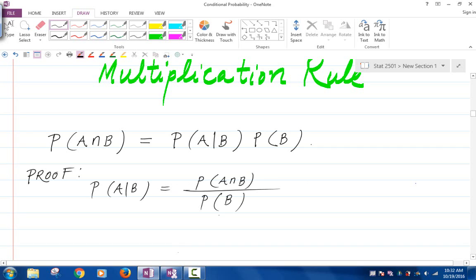So that is our definition of the conditional probability of A given B, right? Do you see that the multiplication rule is exactly the same as that equation? All you have to do is multiply both sides by the probability of B. So in the equation star, if you multiply both sides of the equation by P of B, you exactly get the multiplication rule, right? Is everybody clear? Are we okay with that?